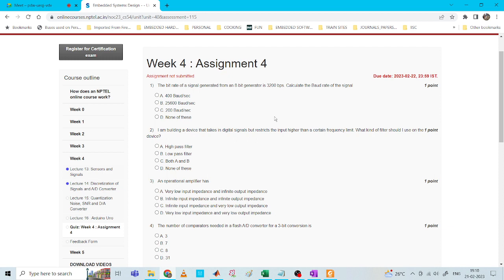Sir, I think the answer is 400 baud per second. Baud rate. Bit rate of a signal generated from an 8-bit generator. So is it 400 baud per second or 25600 baud per second?